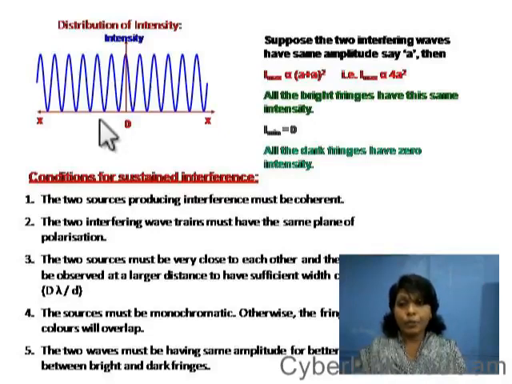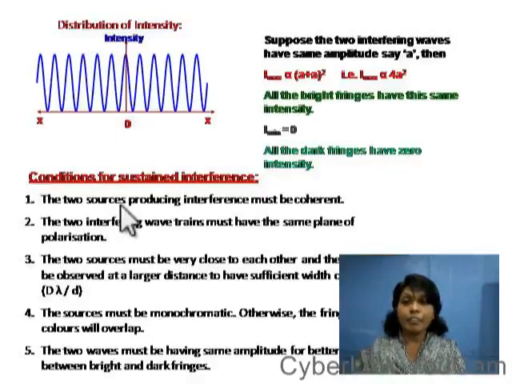And in order to have the sustained interference on the screen, the waves need to satisfy certain conditions. The conditions are as follows. The two sources producing interference must be coherent.